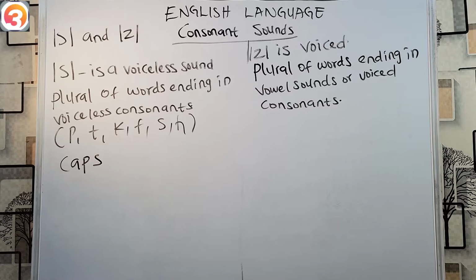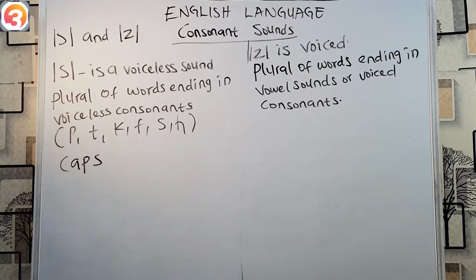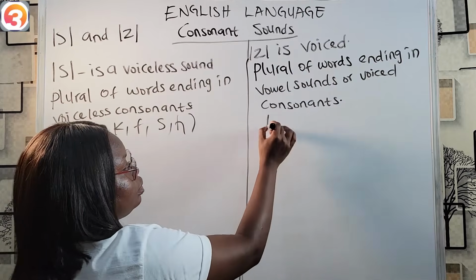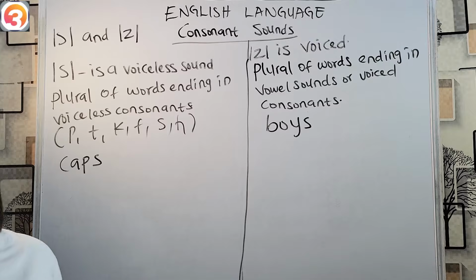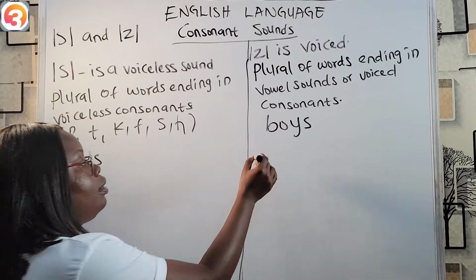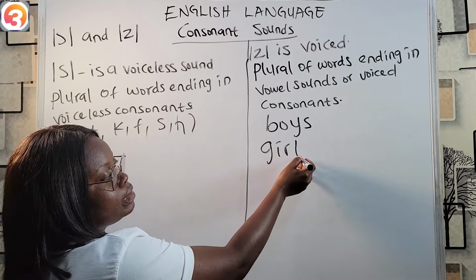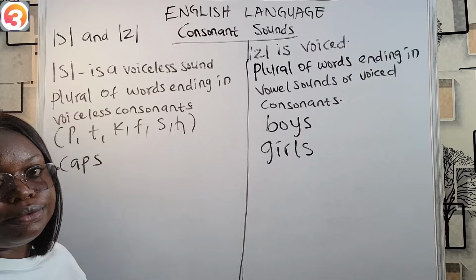Cap ends in a voiceless consonant, so the S added to it will be pronounced as S. But boy ends in a vowel sound, so the plural becomes boys. Girl ends in a voiced consonant, so the plural becomes girls.